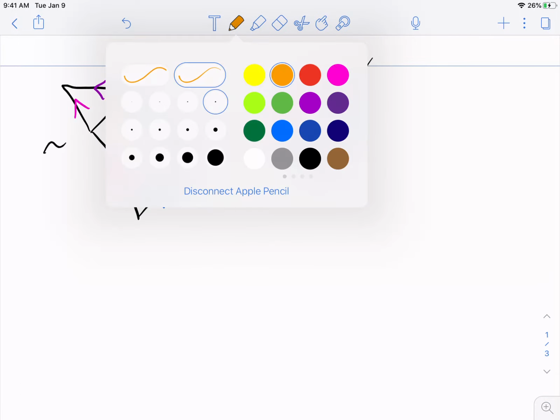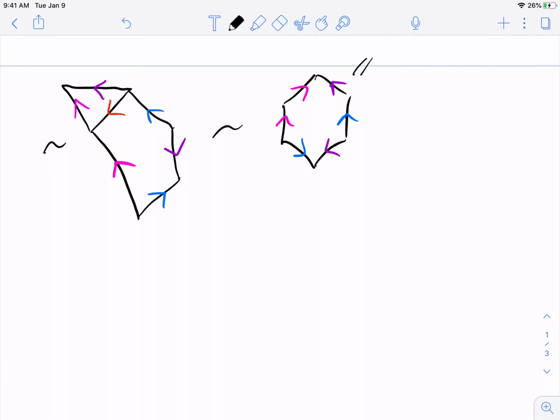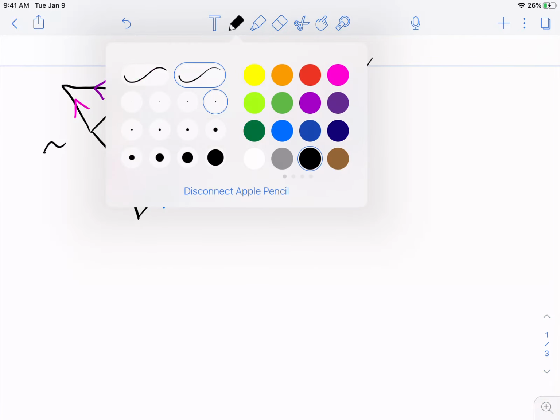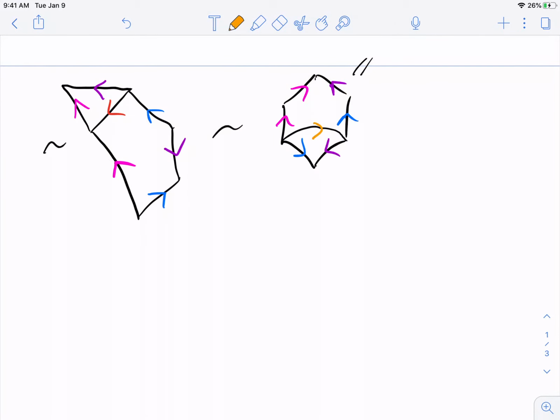And so I can do a cut and glue to make them adjacent. And so what is the cut? Well, it's from the bottom of one blue arrow to the bottom of the other. And then I glue them along the blue arrows.